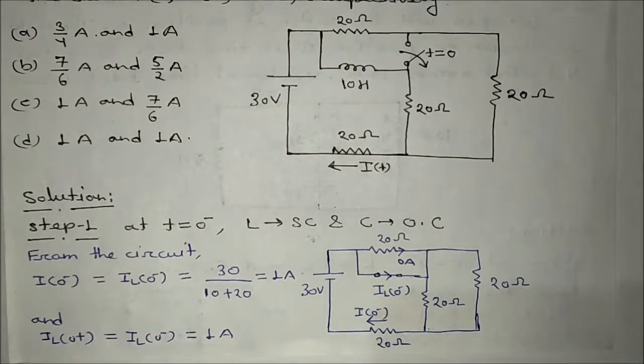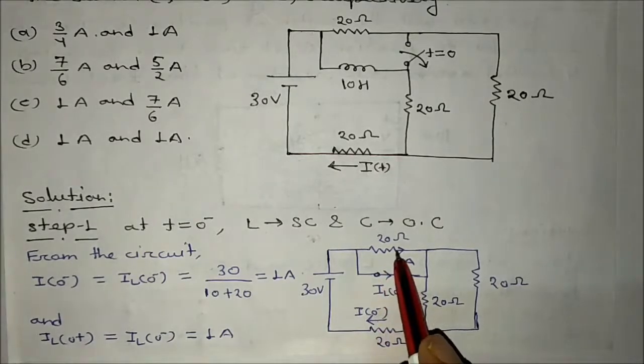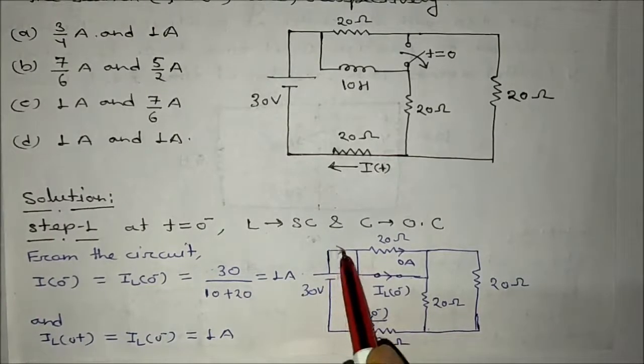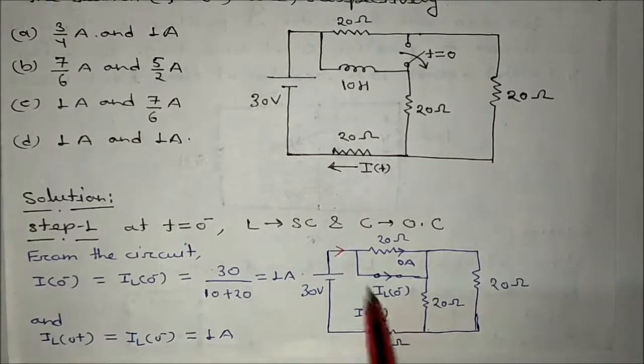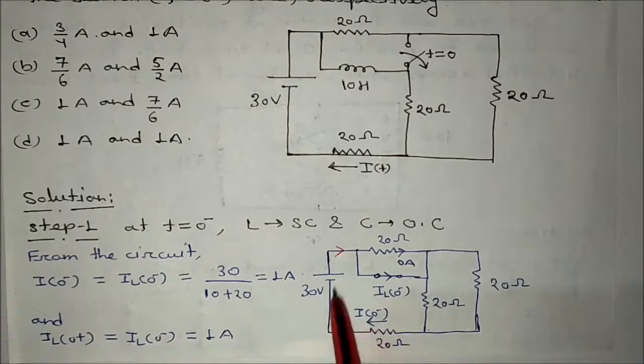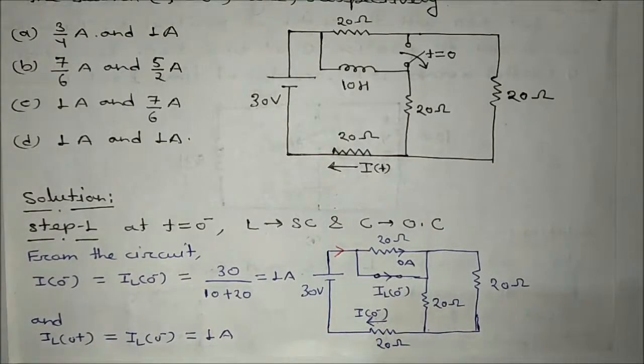So now see, if I want to calculate I0 minus, you can see here, if this current is 0, this current will be same as this current. Why? If you write a KCL here, this will be 0, this will be some amount of current, this will be I0 minus, this is incoming current and this is outgoing current. What will happen? These two currents will be equal, and this current you can get very easily.